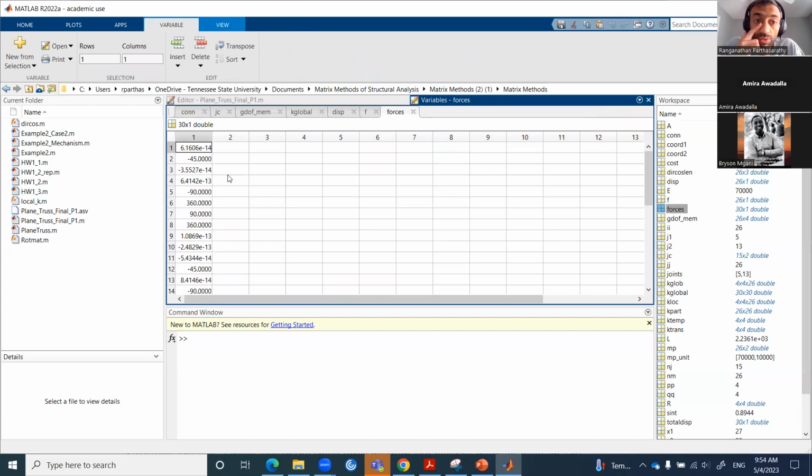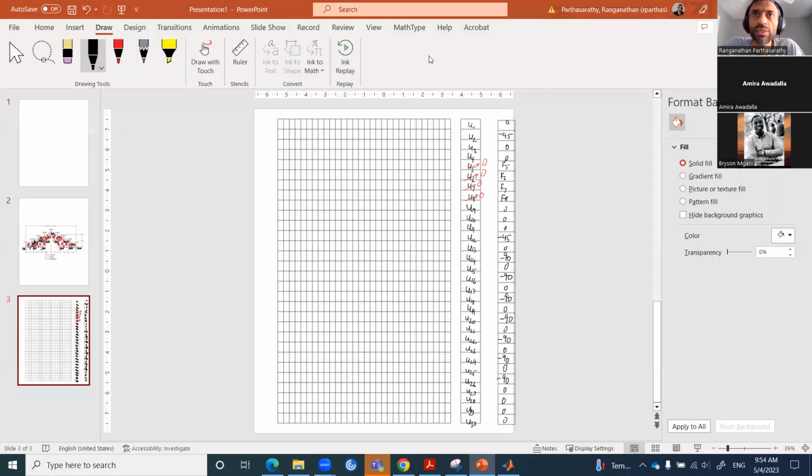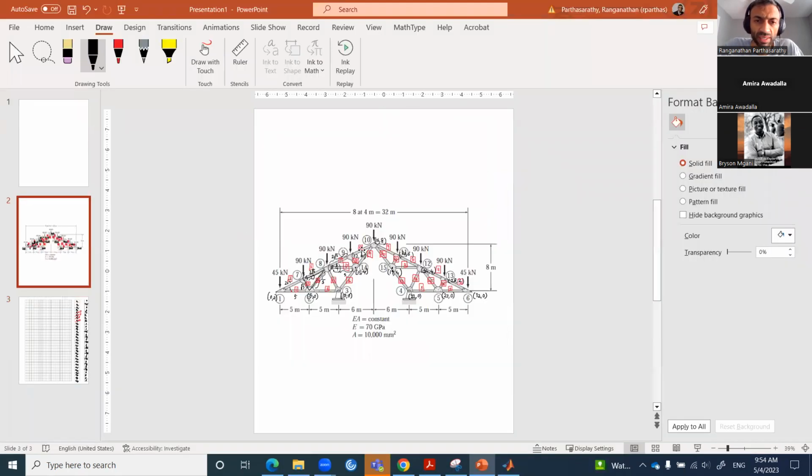Okay. So let's check now. We can just quickly check our reactions, and that should be enough for exam. Like I said, by hand check, we can do a bit later because I need to run somewhere. But what should be the reaction? So we have 1, 2, 3, 4, 5, 6, 7, 90 kilonewton forces. So 90 times 7 and 45 times 2.